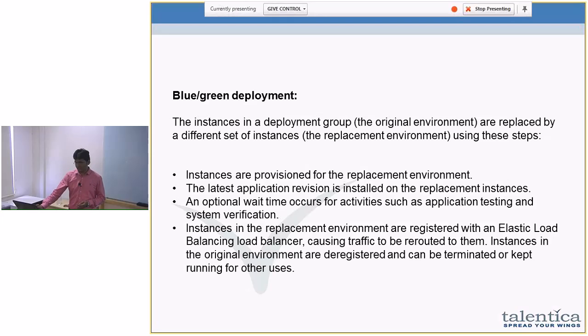Another is blue-green deployment. In this, separate replacement boxes get launched, and the deployment takes place first on that replacement environment. After the deployment, those replacement boxes get registered to your ELB or HAProxy. In this way, there is no downtime in production deployment with blue-green deployment.